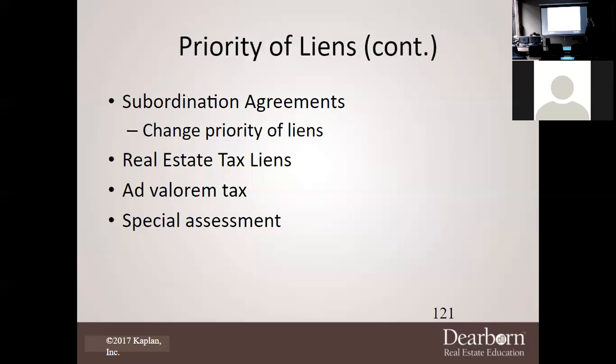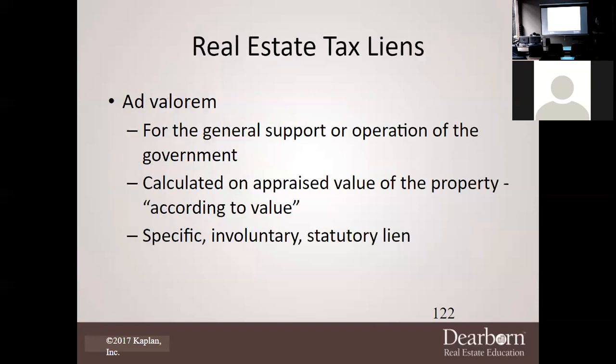But of course, if you have the biggest debt, you're going to be at the top, not at the bottom, okay? So again, ad valorem, of course, is for the general support or operation of the government. It's calculated on the appraised value of the property, and it's according to the value. So for this type of loan, they will ask you, what type of lien is this going to be?